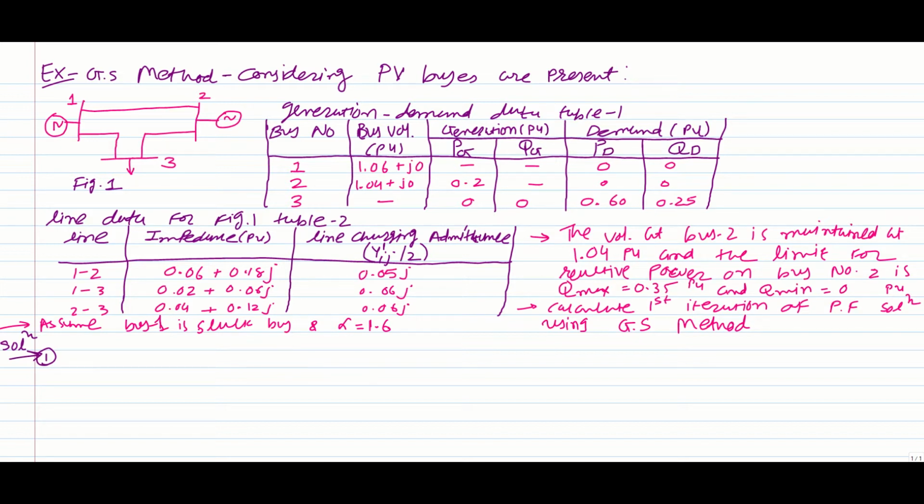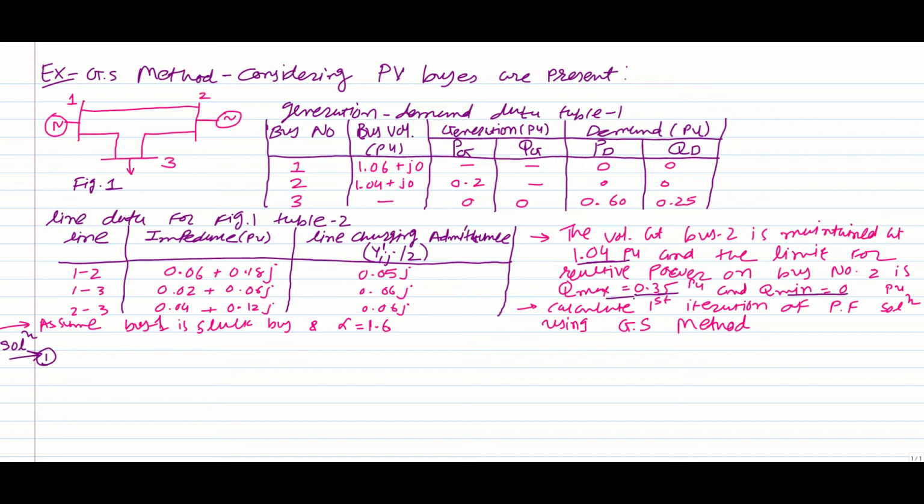So here it is given that the voltage at bus number 2 is maintained at 1.04 per unit, and the limit for reactive power on bus number 2 is, at the maximum side, 0.35 per unit, and at the minimum side, 0 per unit.